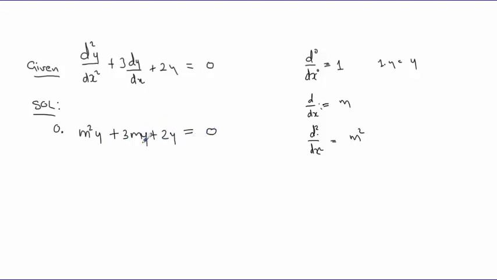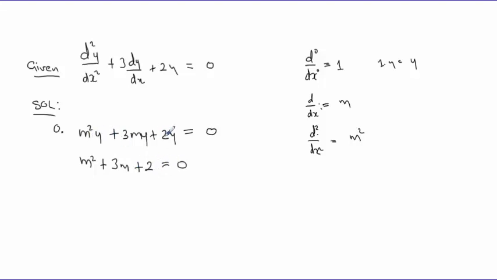Again, this step is a step which we can omit. If we've mastered this, we can simply get to m squared plus 3m plus 2 equals 0.